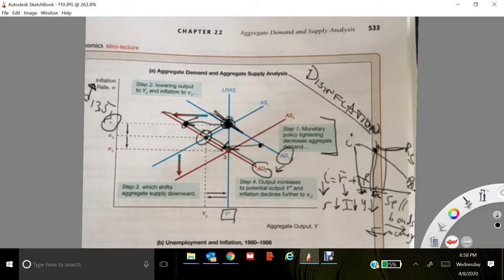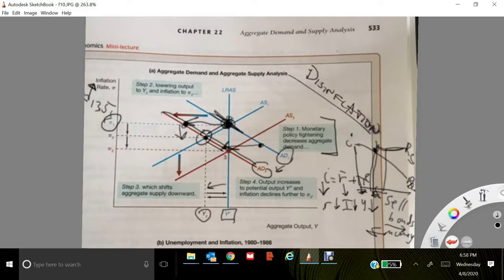Notice aggregate demand has fallen. Our intermediate equilibrium here, as you might expect from the sound of it: demand falls, output falls, and inflation falls, okay? But what about this point? It's below potential output.